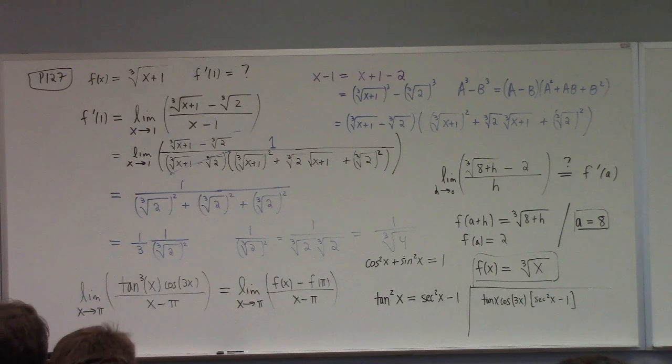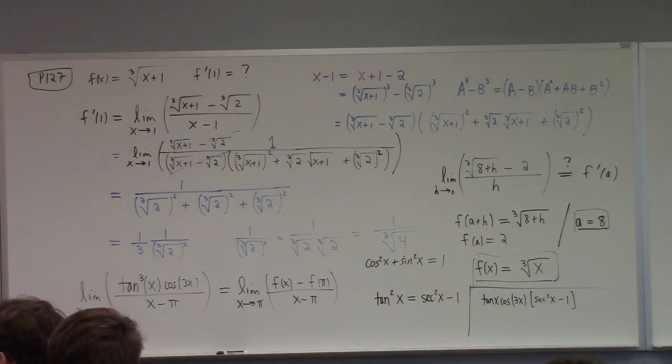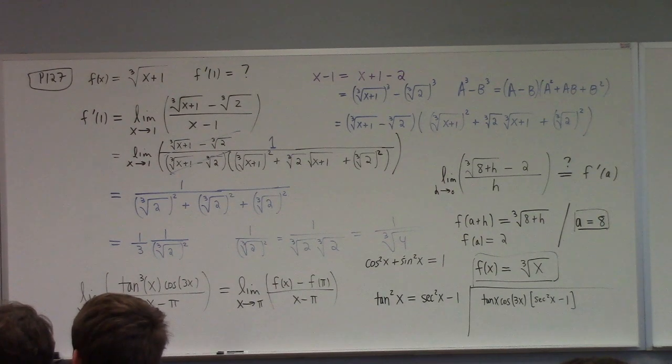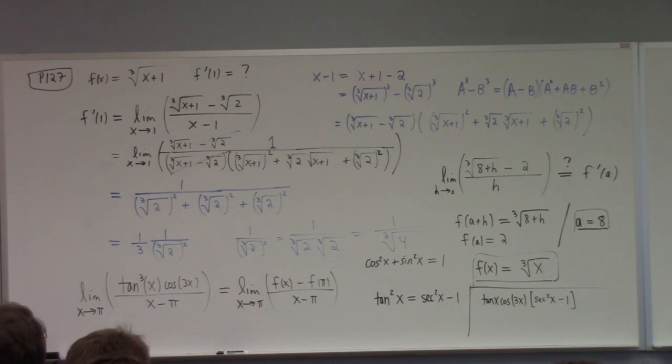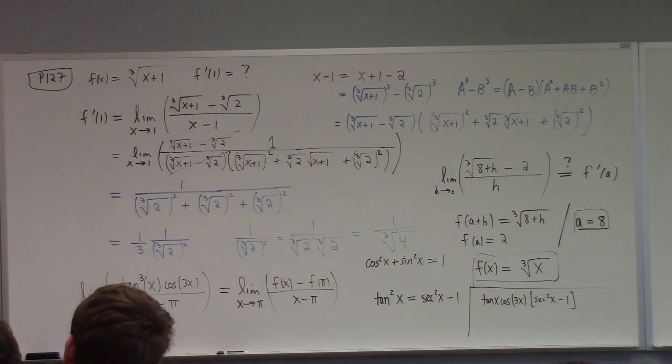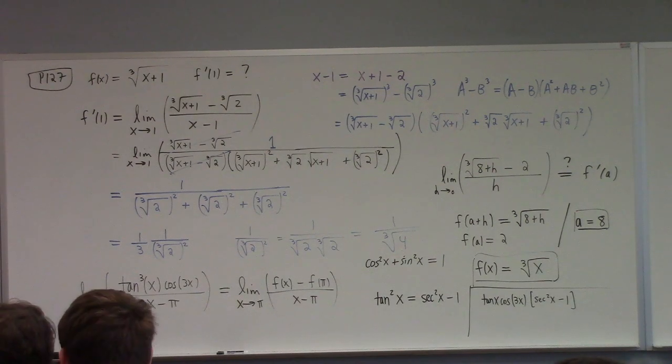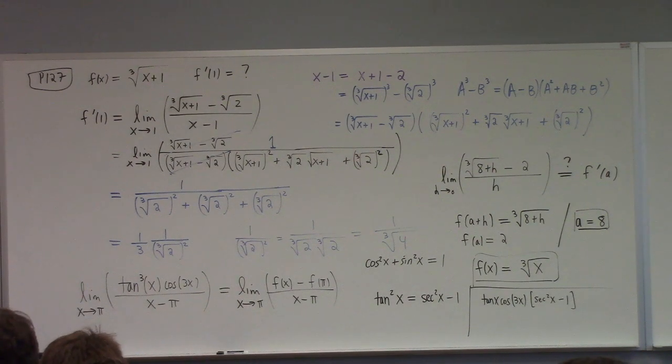Sure is, right? f of minus 3 is 9 minus 7, which is 2. Yay.